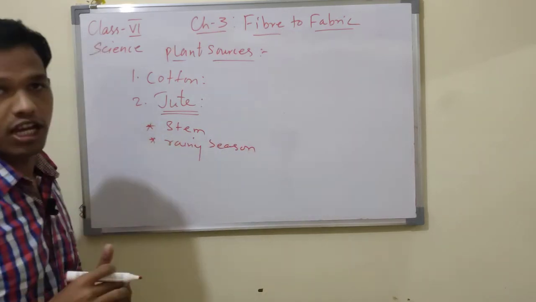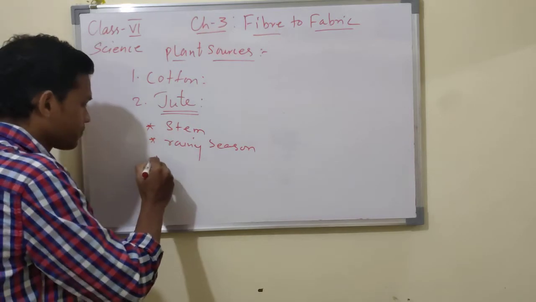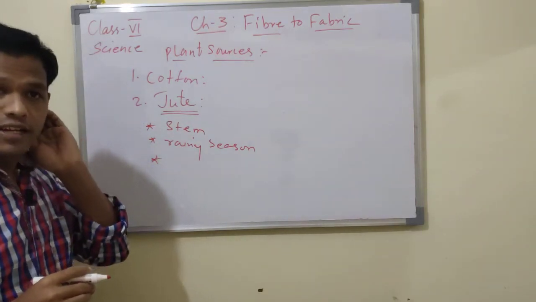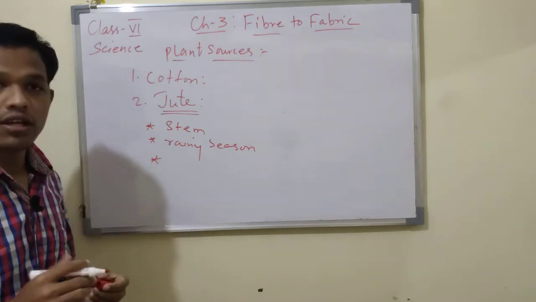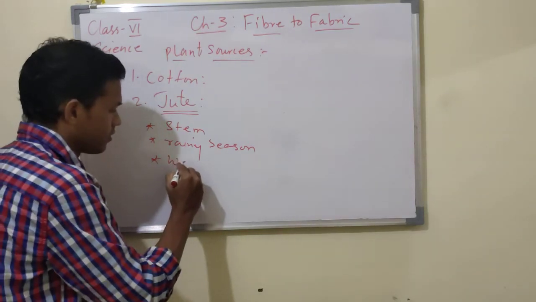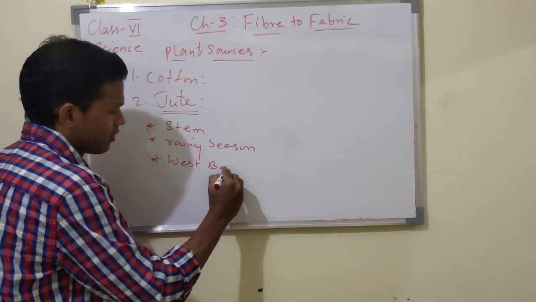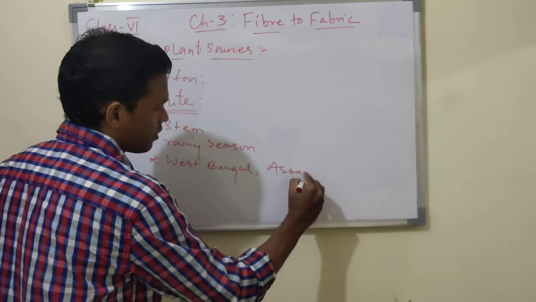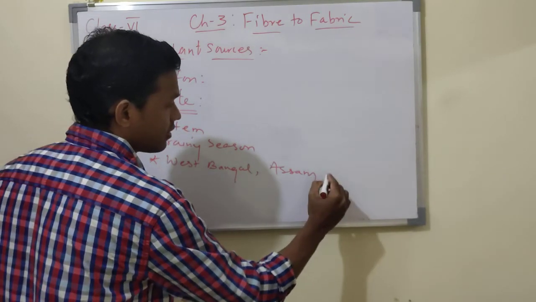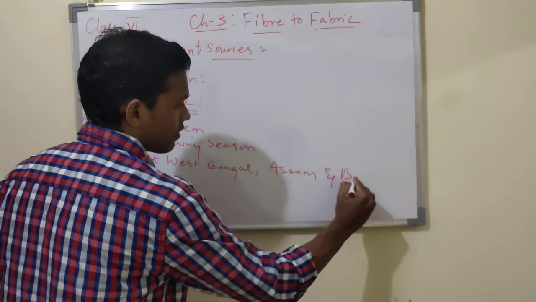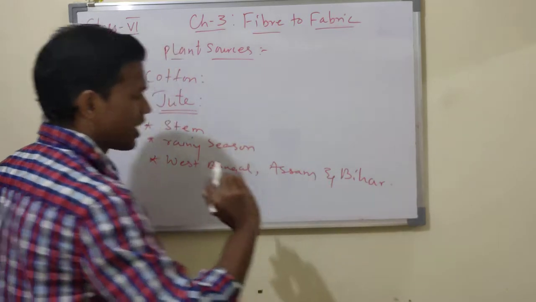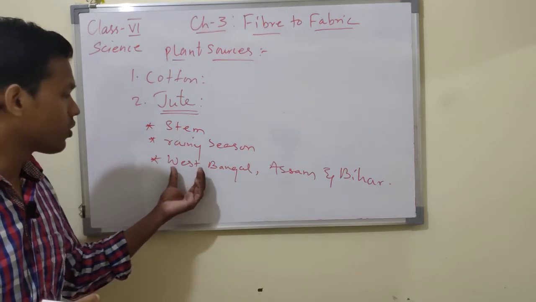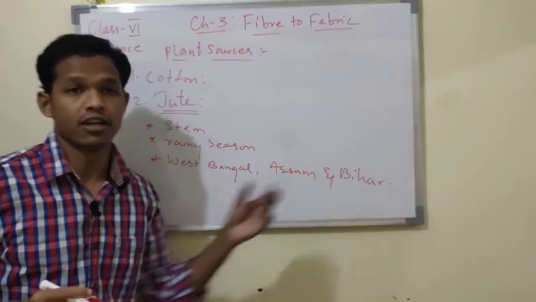In India, these are mostly grown in West Bengal, Assam and Bihar. In which part of India is it grown mostly? These jute plants are mostly grown in West Bengal, Assam and Bihar.